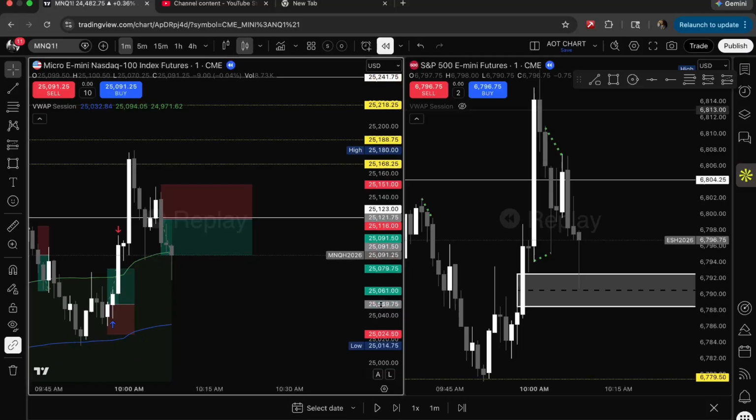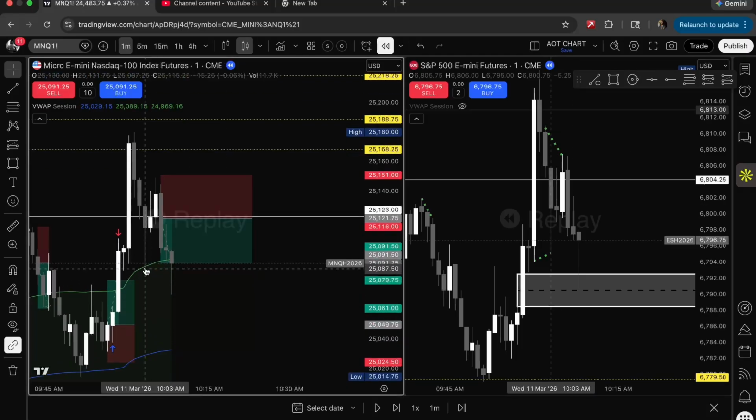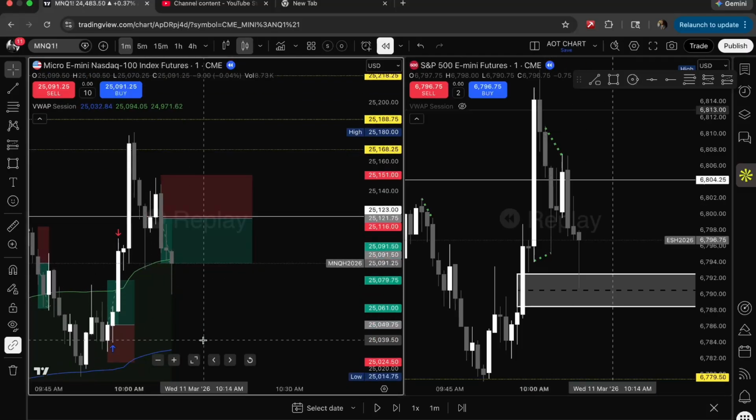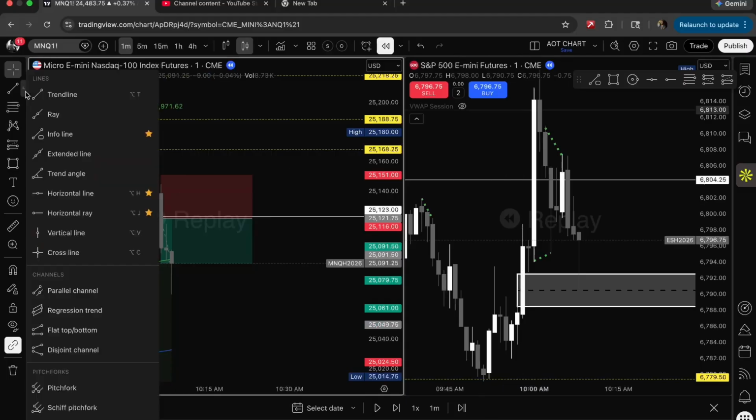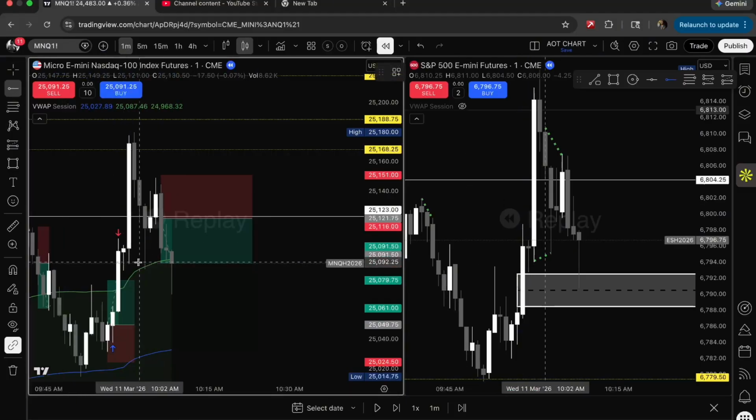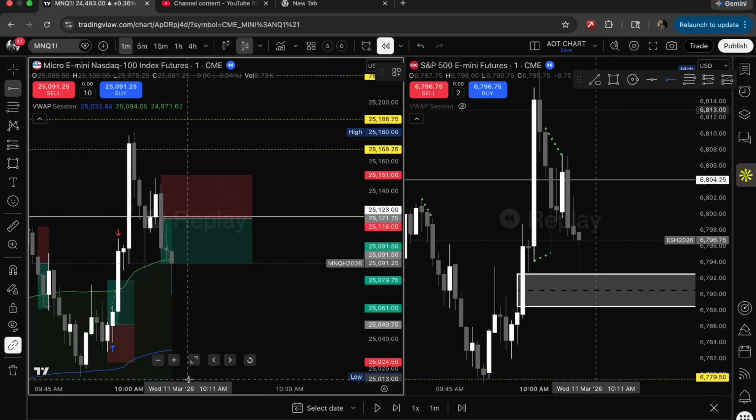We have draw of liquidity with this low, really with this low. Where's the SMT at? Right here. So we sweep this low right here, and like we said, the higher time frame is bullish.